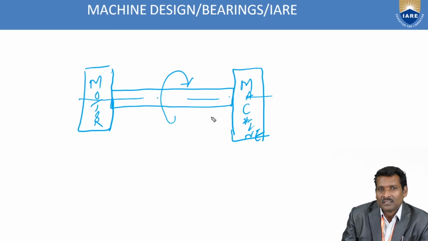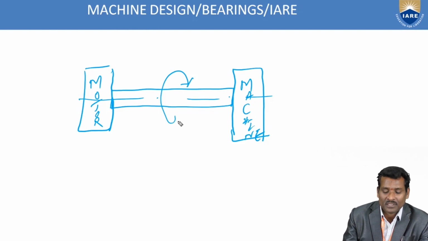Another thing is, this is not a static support. This is a dynamic support. Why? Because the shaft is in rotary motion. So while carrying dynamic loads, a dynamic support is required. In the case of a static cantilever beam, a static support is enough.